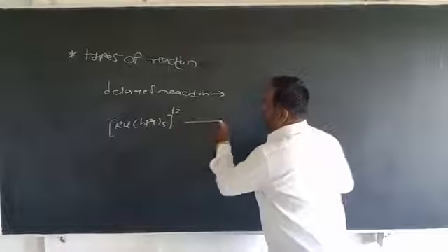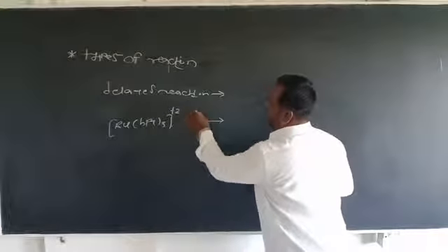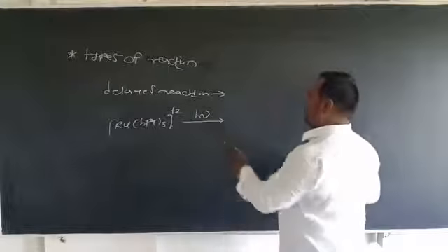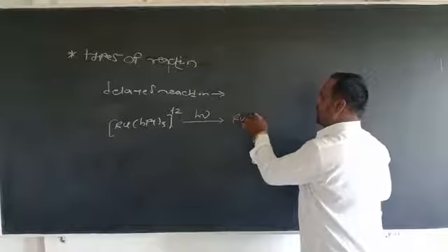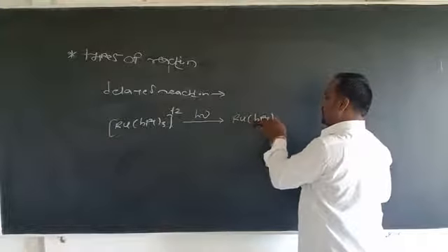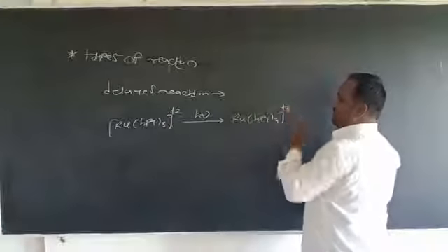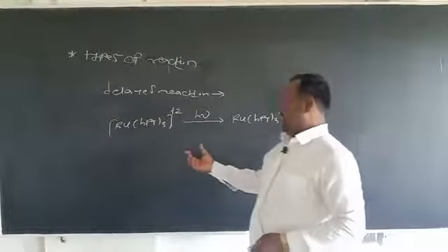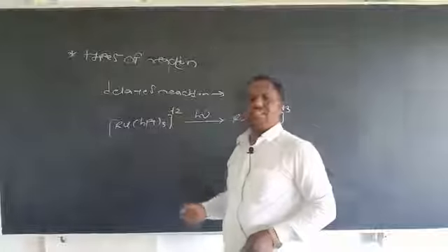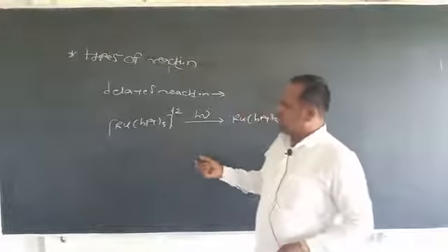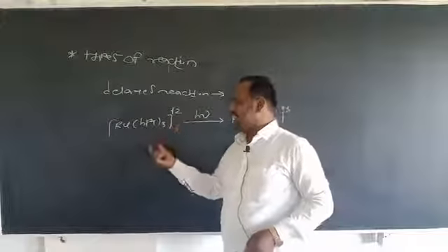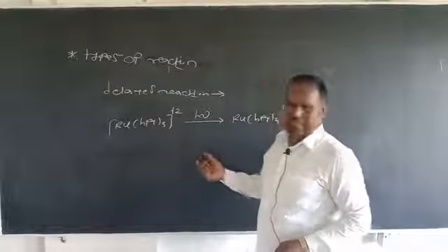After absorption of light, it will convert into Ru(bipyridyl)3 in +3. This reaction is not a simple d-d transition reaction. This reaction is a charge transfer transition reaction.